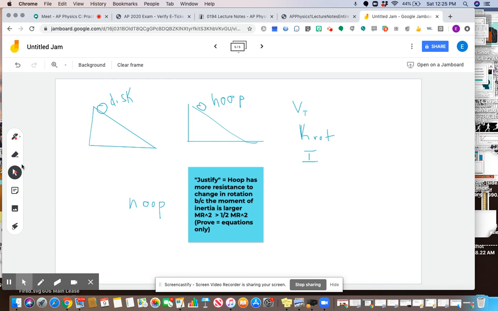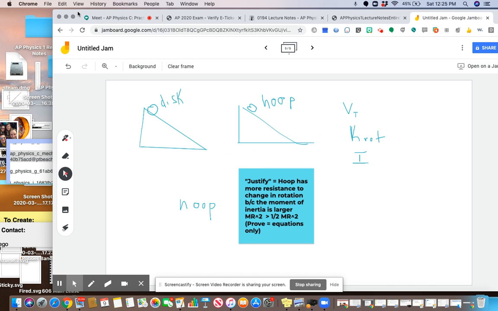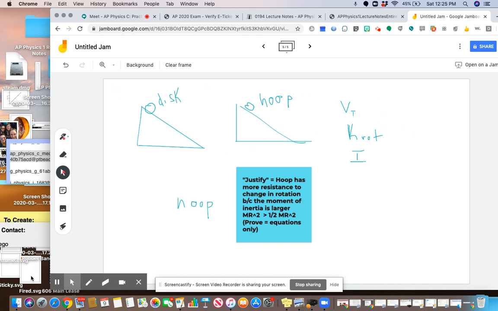Like incline with friction, incline without friction, that kind of thing. Just so that you have an organized list of things that you can easily flip to, if time allows you to.